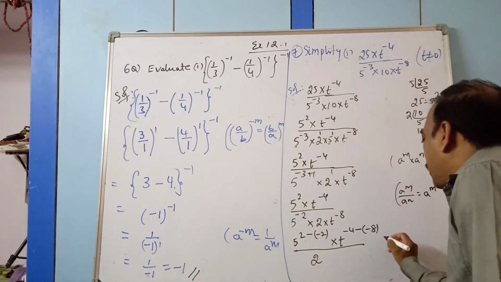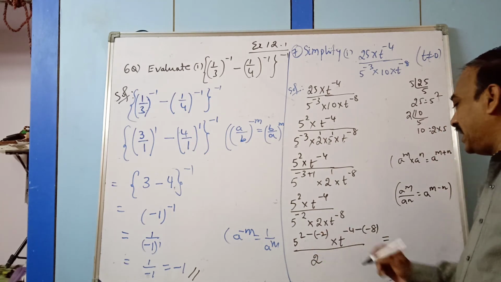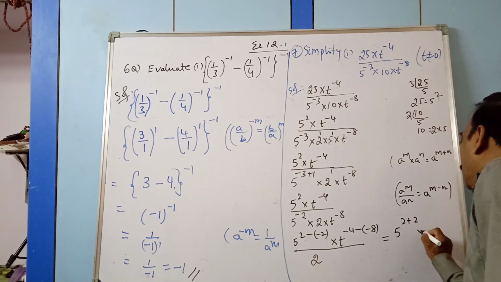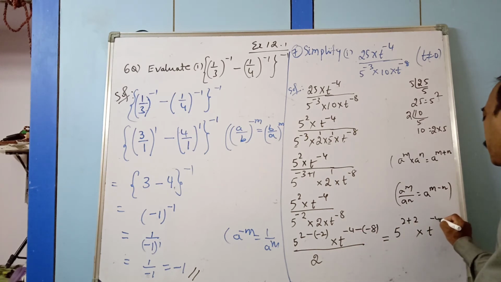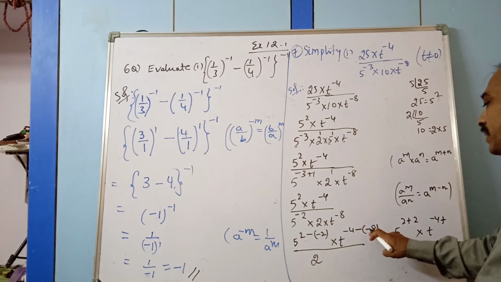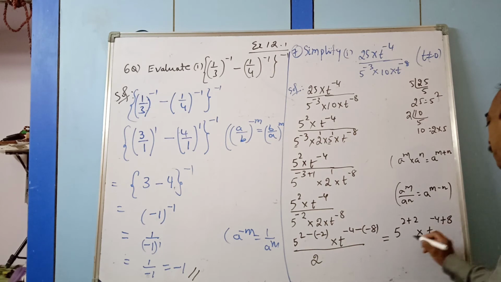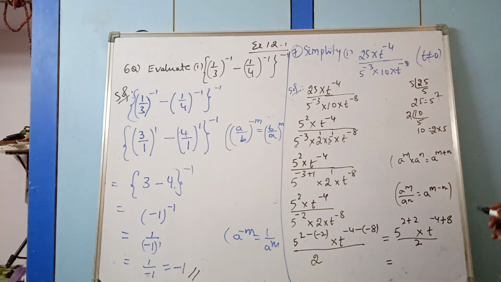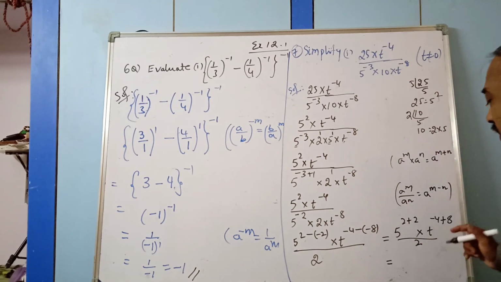Now observe this step. 5 to the power 2, minus into minus is plus. So 5 to the power 2 plus 2 into t to the power minus 4, minus into minus plus 8, by 2. 2 plus 2 is 4.